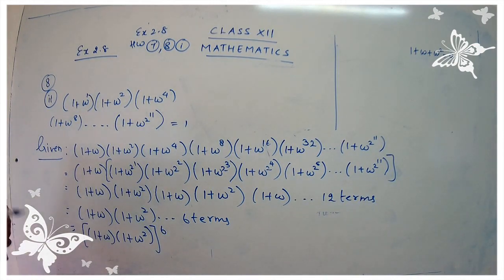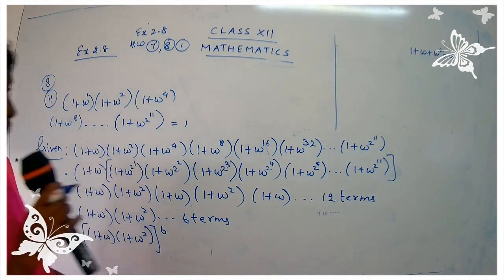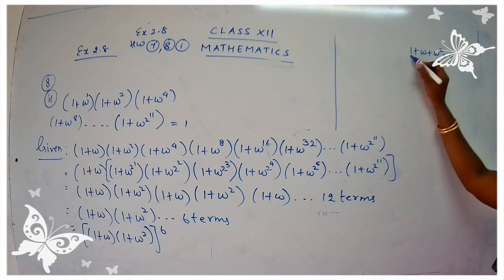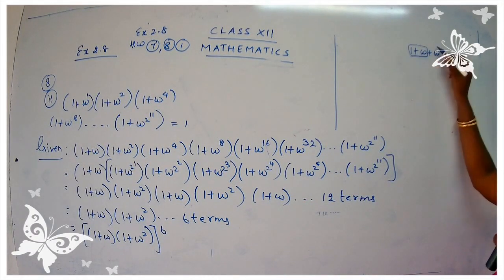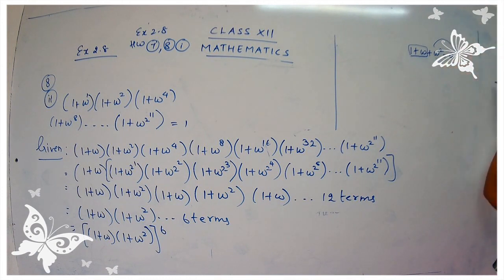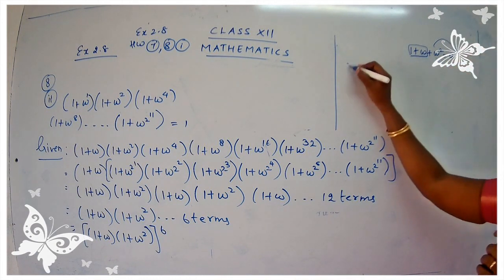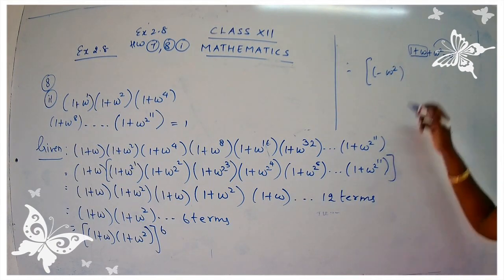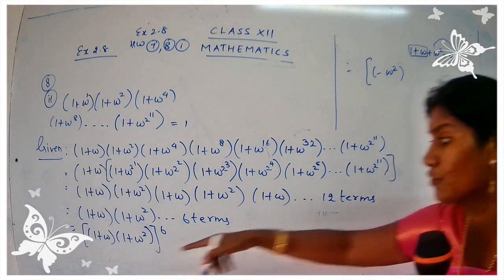Okay, let's continue. So what is the value for 1 plus omega? I have to write the value for 1 plus omega. 1 plus omega will be, the omega square will come to this side, so I'll get minus omega square. Therefore, minus omega square. Okay? I have to find out the value for 1 plus omega square.